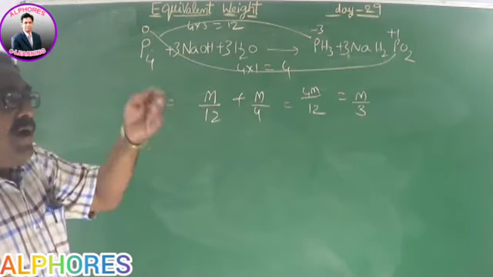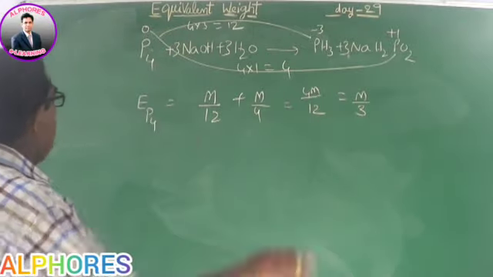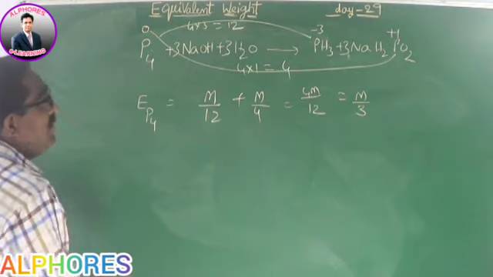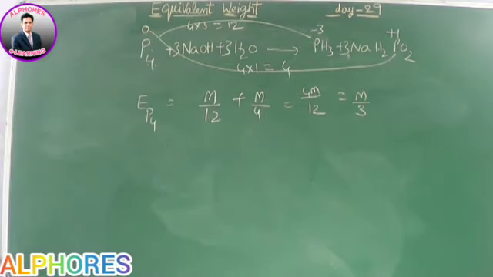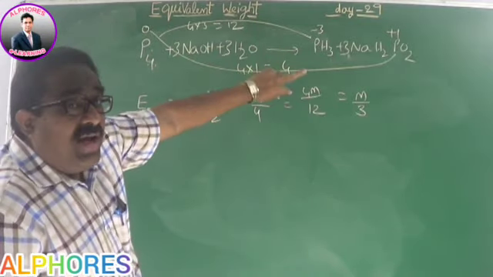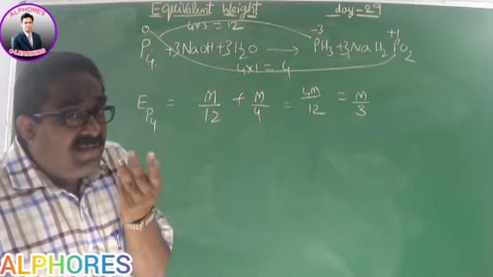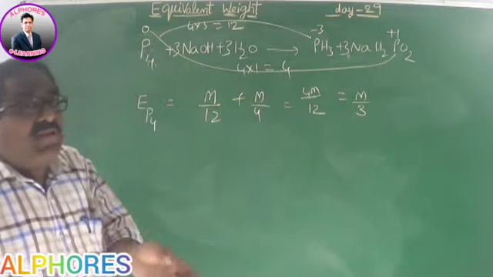Now, how to estimate as per the conceptual approach? Very simple. Here, out of 4 phosphorus atoms, 1 phosphorus atom is changing as -3. The transfer of electrons is 3. 3 phosphorus atoms are changing as +1, 3 into +1, 3.